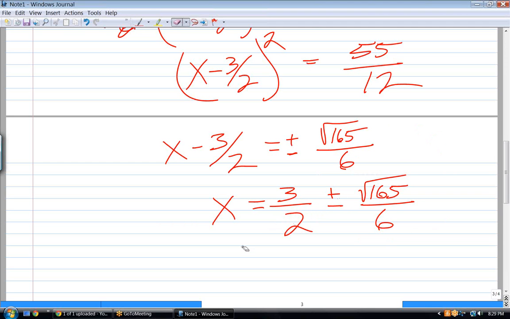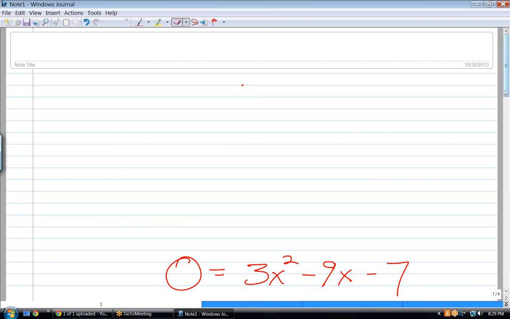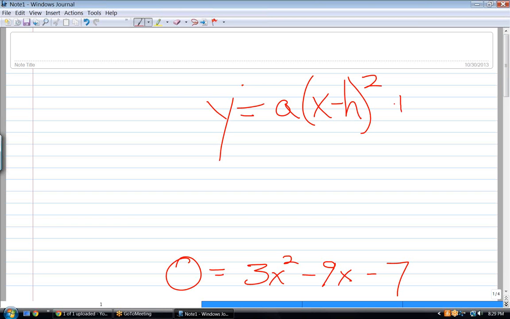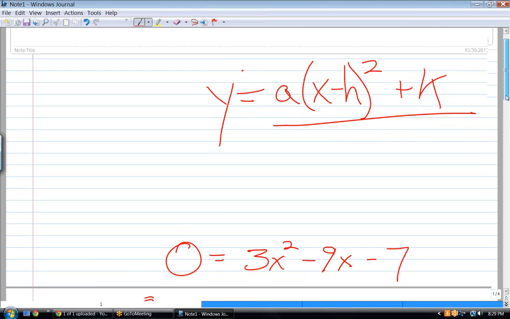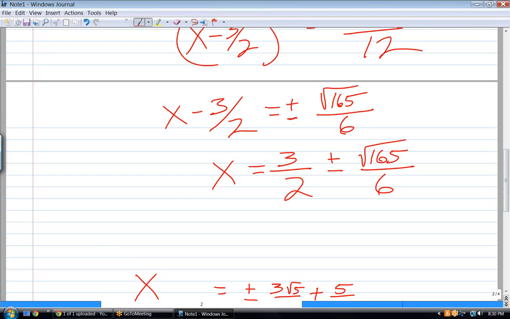On the vertex form, you have to put it in this format, so it does matter. In other words, you have to end up with it looking like that. When you solve the equation for the zeros, no, you're not going to get marked down if you put the answer like this.